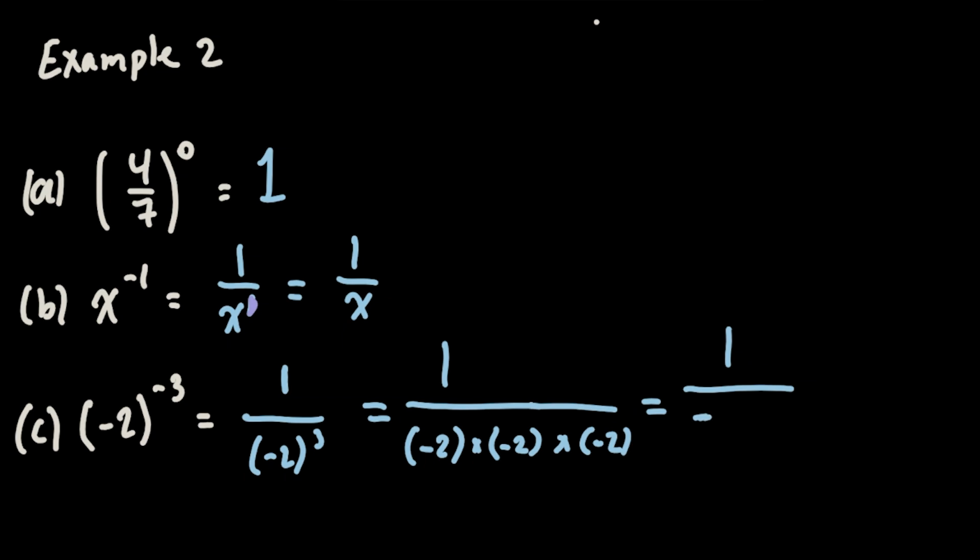So we will have a negative sign here. 2 multiplied by 2 is 4, and multiplied by 2 we will get 8. So the final answer is 1 over minus 8. Actually, we can write it in many ways. We can write it as minus 1 over 8, with the minus in the middle, up, or down. All of them are the same.